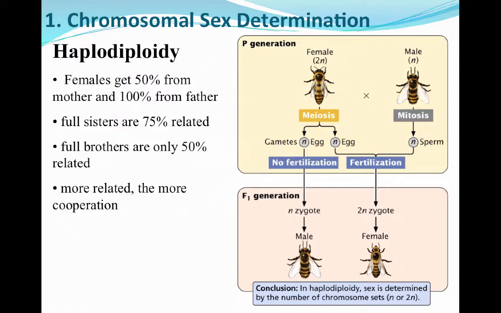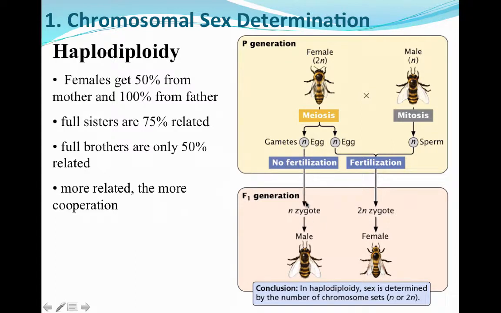This type of sex determination system results in some different and alternate percentages of common genes moving from the parent generation to the F1 generation. For example, we've got our female, or our queen bee, up here. When her genetic material goes through meiosis, she is going to be contributing at least one copy of her genetic material to the F1 generation.